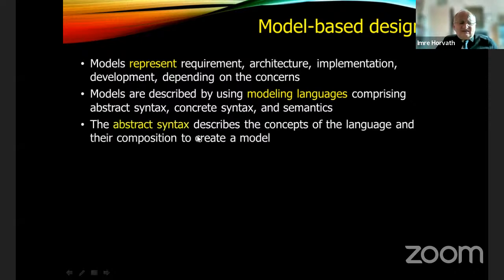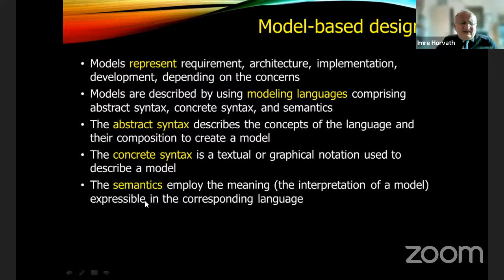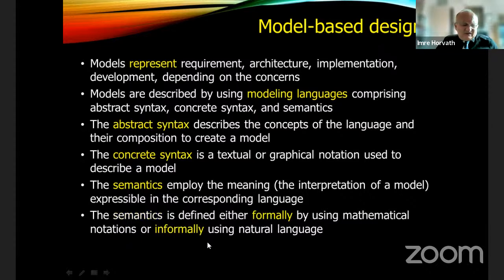The abstract syntax in the modeling language typically describes the concepts of the language and their composition to create a model. A concrete syntax, on the other hand, is a textual or graphical visual notation used to describe a model. And then the semantics component employs the meaning, the interpretation of the model, which is expressible in the corresponding language.